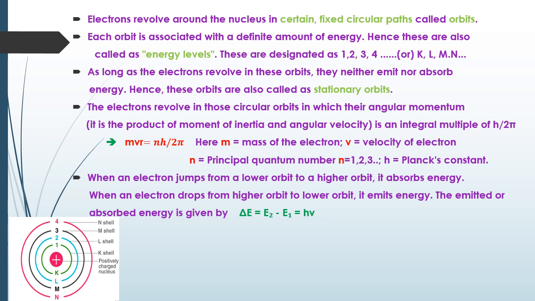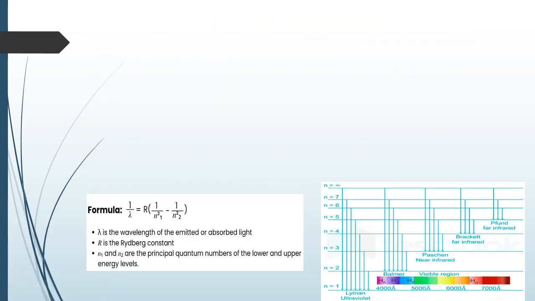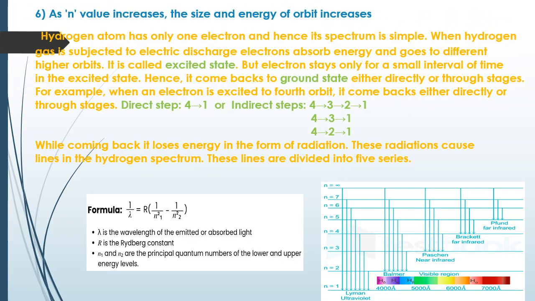Delta E is the difference in energy, E2 is the higher orbit and E1 is the lower orbit. As the n value increases, the size of the orbit increases and the energy of the orbit also increases. These are the main points of this theory.